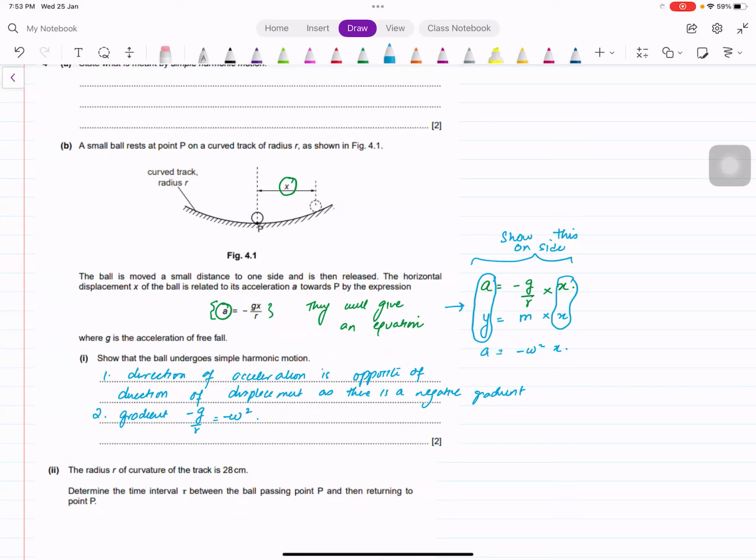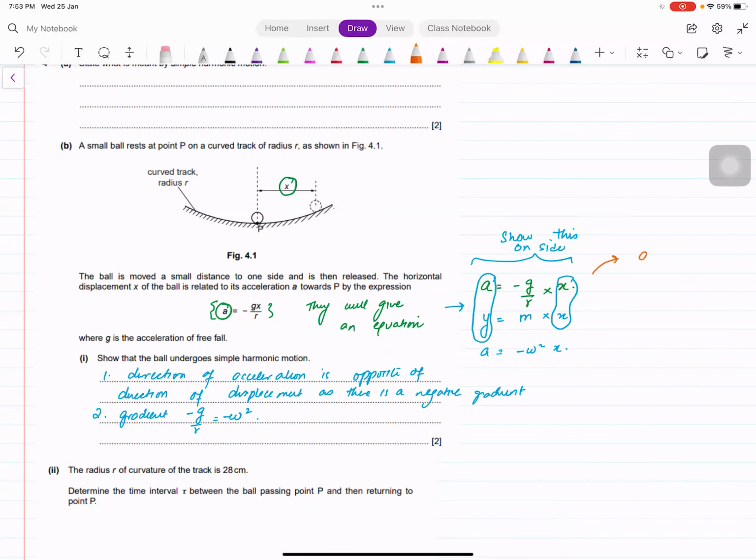Could they, for example, give an equation that would not fit the criteria that you showed on the right? And so we would say, show that the ball does not undergo simple harmonic motion. Could they ask that question? It is quite possible that they might do it, but there are only a few conditions.